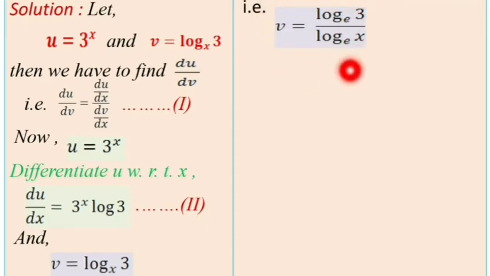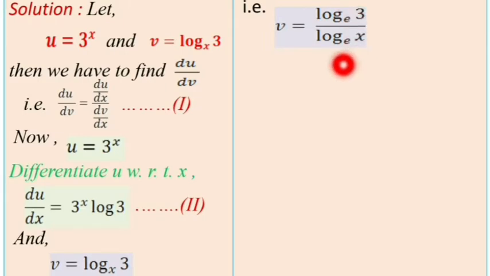Now take the derivative of v with respect to x. Here log of 3 to the base e is our constant, and the function is in the form f of x upon g of x, that is in the quotient form, and therefore we have to apply the quotient rule of the derivative.